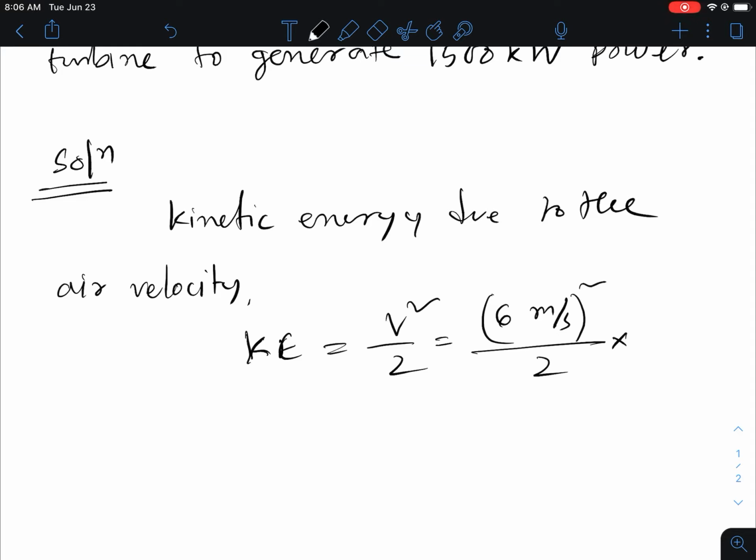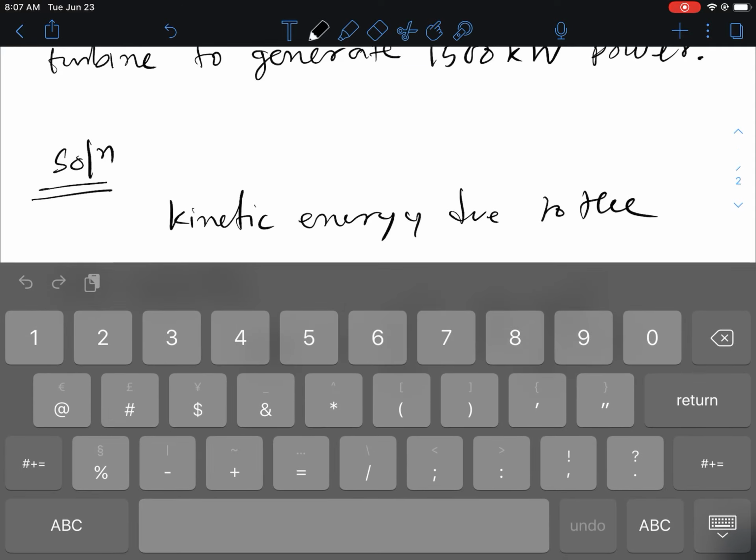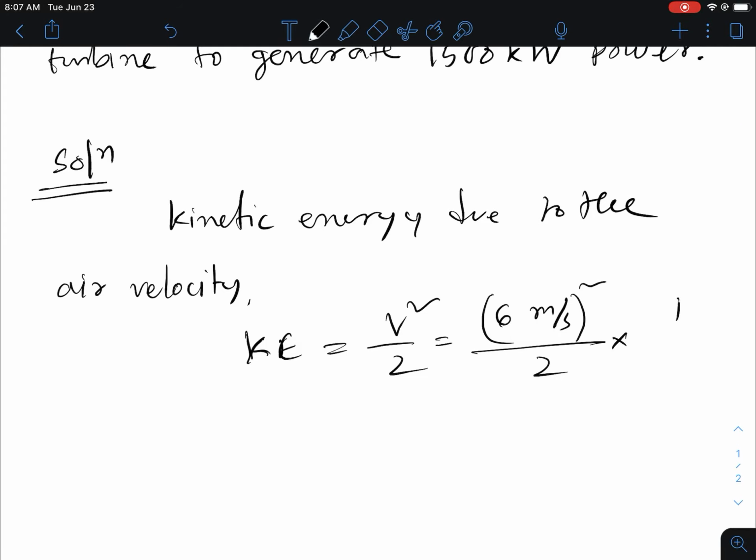If we would like to convert this kinetic energy into kilojoules per kg, then we have to use this factor: 1 kilojoule per kg equals 1000 meter squared per second squared.